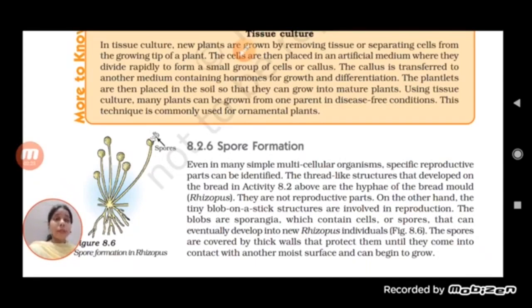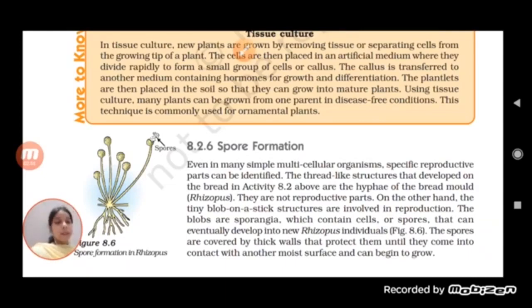But the piece of potato which does not have an eye or notch or bud will obviously not grow into the root and shoot of the plant. So there is a condition also, that even if we are taking any part, how we use that part matters in order to develop a new plant from it.